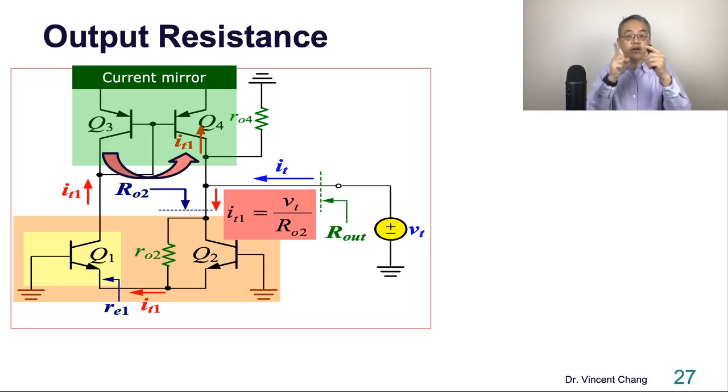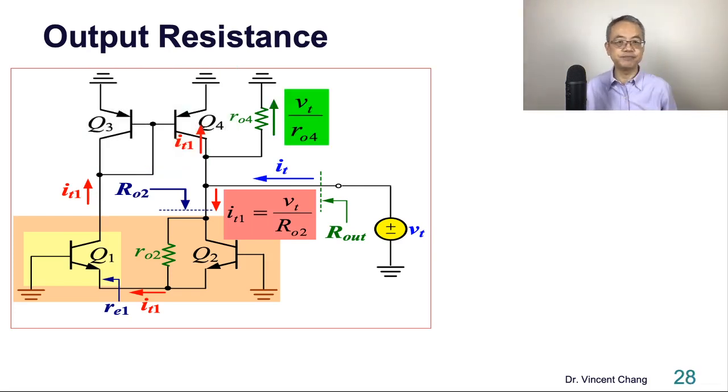So there's more current flowing through R4, this current. The sum of these two currents is the IT2. So the total test current is the sum of these two currents.